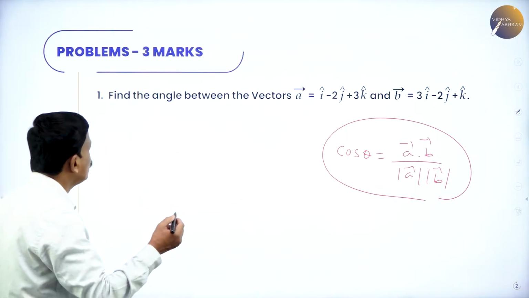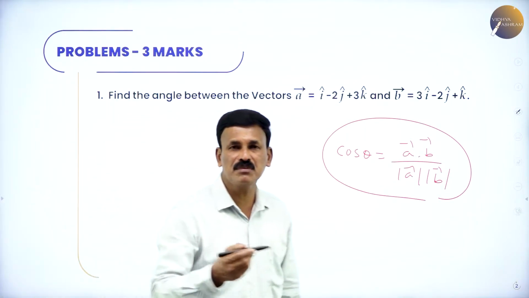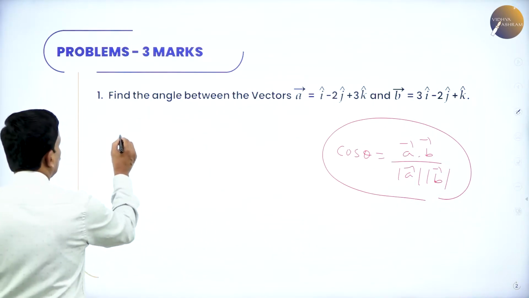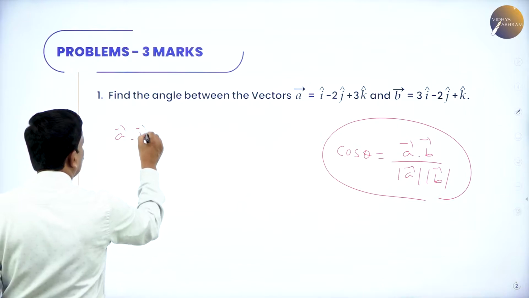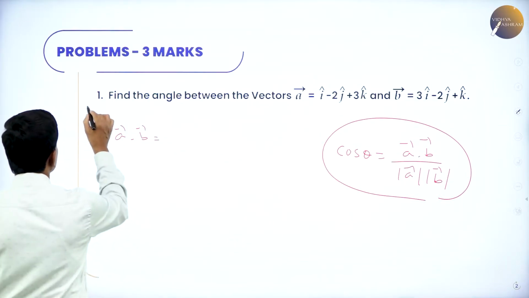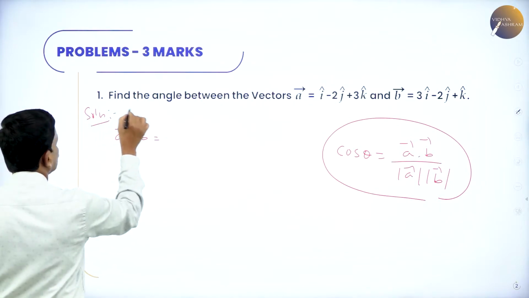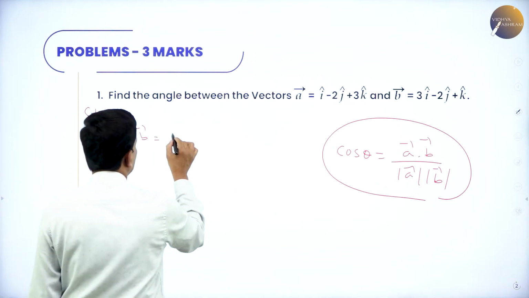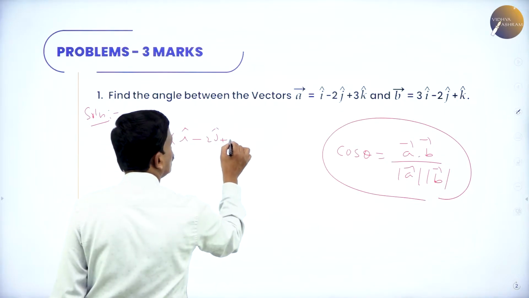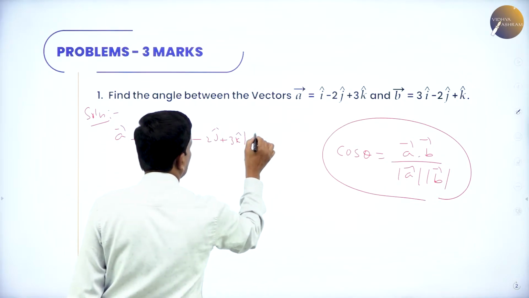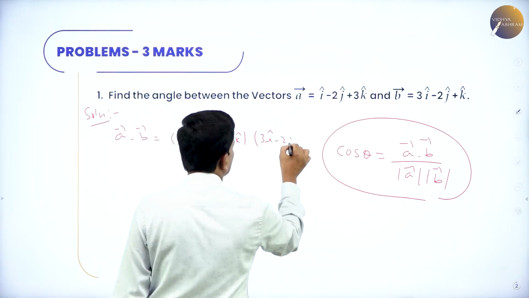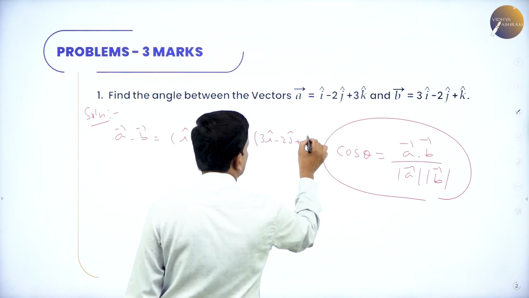Now, what is the problem given? Find the angle of intersection between the vectors A and B. Find out the dot product first. The formula for cos theta is A dot B divided by length of A into length of B. A dot B is equal to the dot product of these two vectors, i minus 2j cap plus 3k cap dot 3i cap minus 2j cap plus k cap.